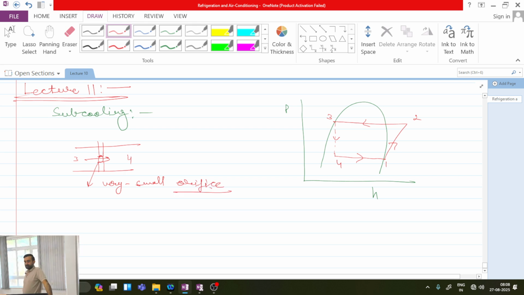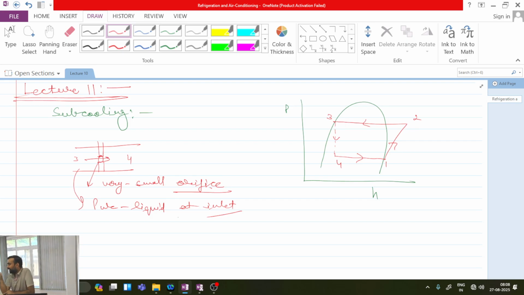Now, this particular orifice, whenever it is calibrated and designed, is designed for pure liquid at the inlet. So at the inlet of this orifice, there should be flow of pure liquid. In case a small amount of vapor has come, what will happen?